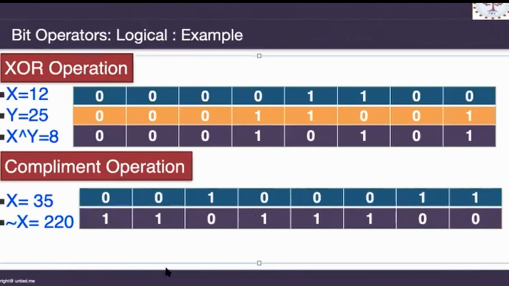This way the value of complement x becomes 220. So these operations work like that. Whenever you need these types of operations, you can take the values, create their binary bit representation, and then do the processing and see what value comes.